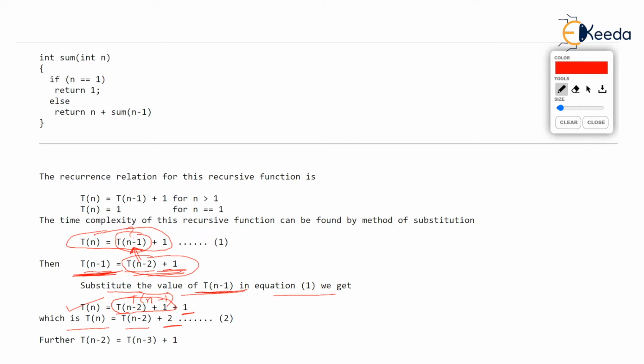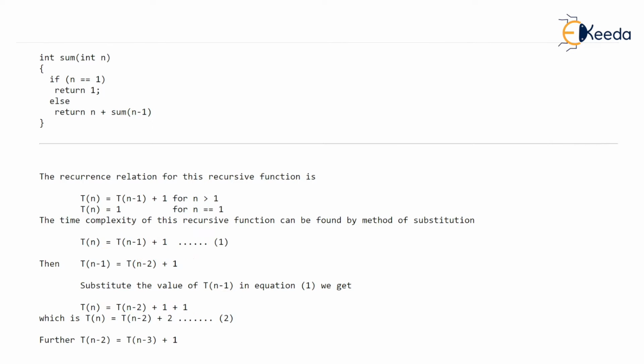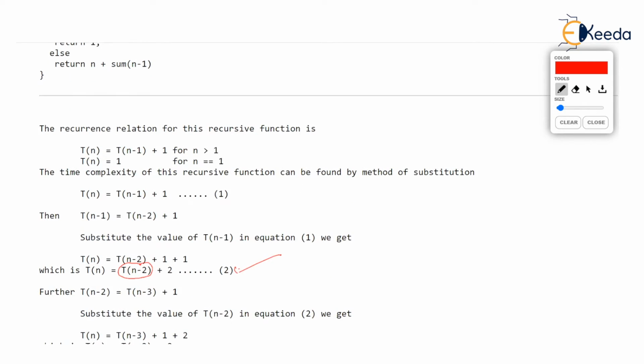But then again, what is Tn minus 2? I'll again erase the slate. Check this latest equation. We have numbered it as equation 2. But on the right hand side, what is this Tn minus 2 now? Yes, exactly. Tn minus 2 is nothing but Tn minus 3 plus 1. Simply reduce the data size by 1, correct or not? And the second term plus 1 will be there as in the recurrence relation.